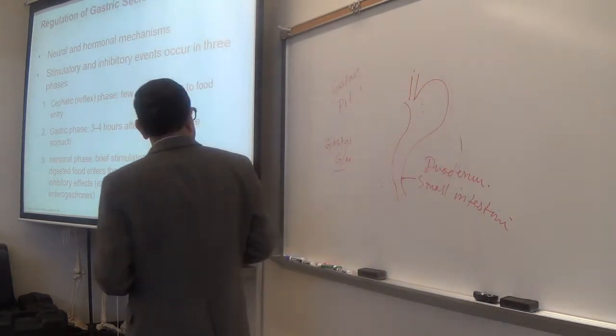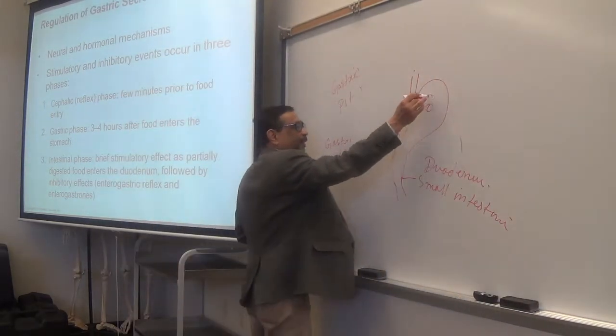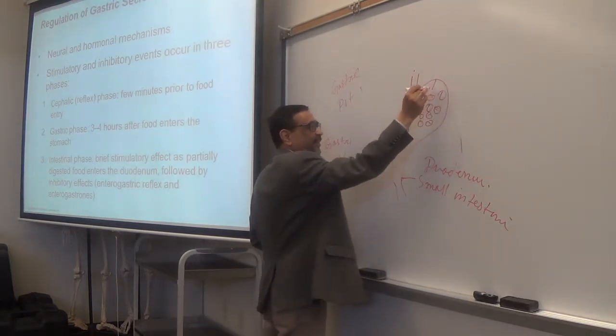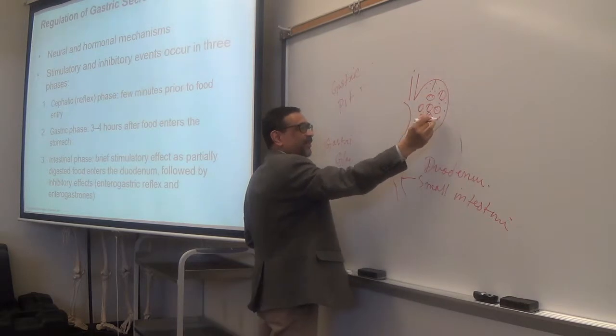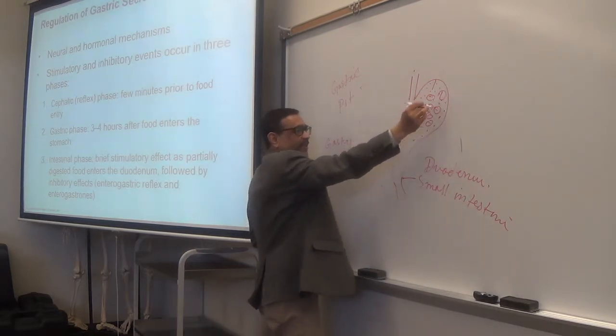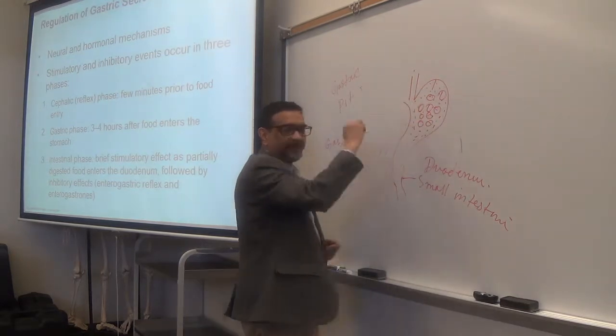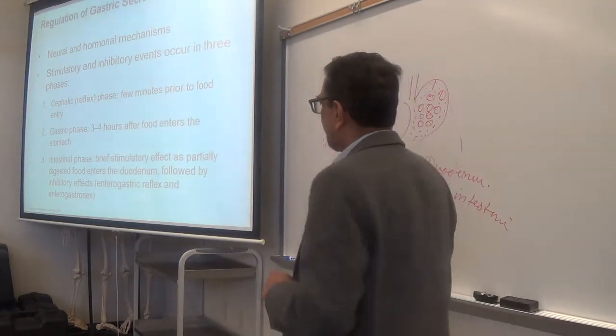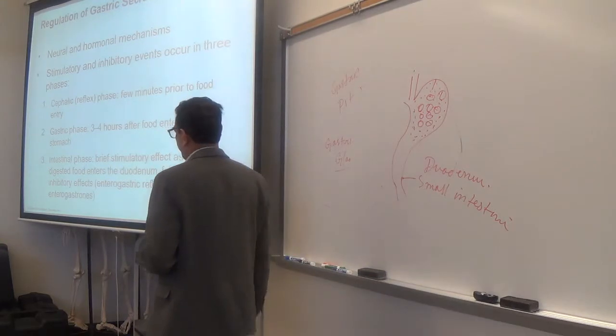Then, after the food enters into the stomach, of course, the presence of food will cause the secretion. So that is the gastric phase, because gastric means stomach. Already food is in the stomach. Make sense? So that is gastric phase, after the food arrives.